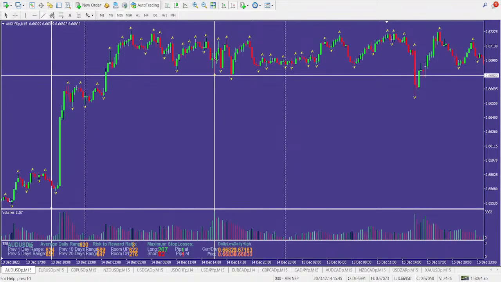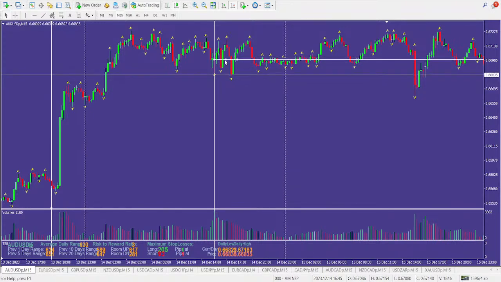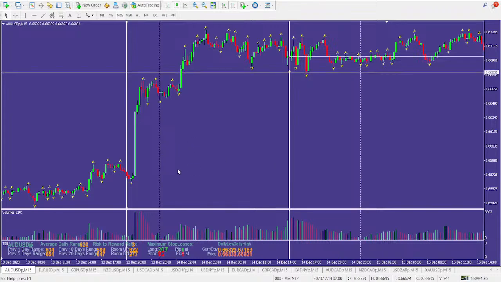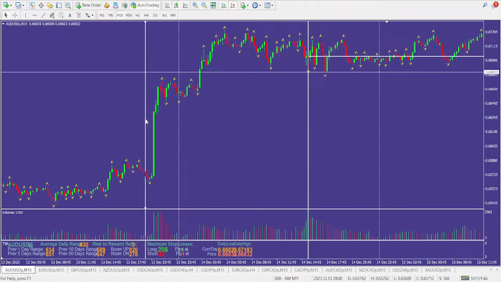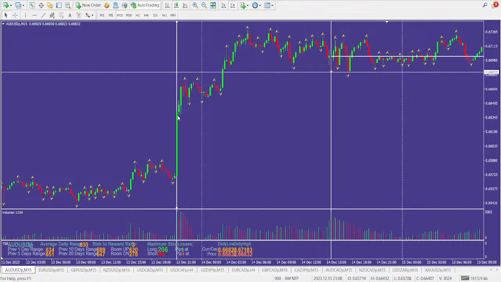So what we'll do is identify the level over there. Okay, so there's the first potential level of demand on the 14th of December. Then clearly, if we look at December 13, we've got a demand level over here, and we've got another level over here. These are the two I'll focus on.